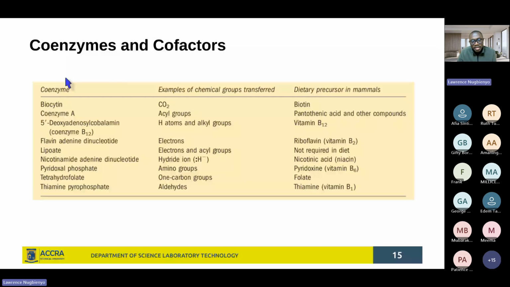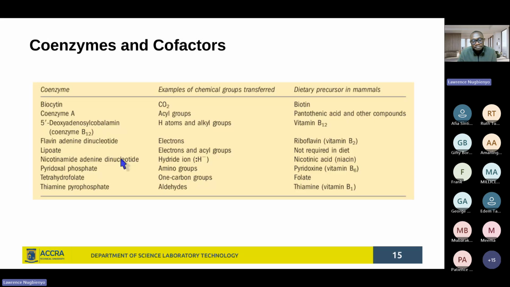I mentioned that coenzymes are also prosthetic parts of the enzyme. It's a non-protein part, but these are organic molecules. The cofactors are inorganic metal ions, but these are organic molecules.